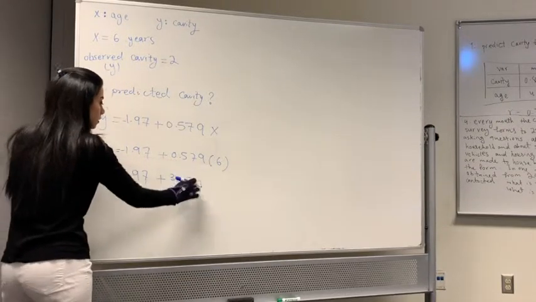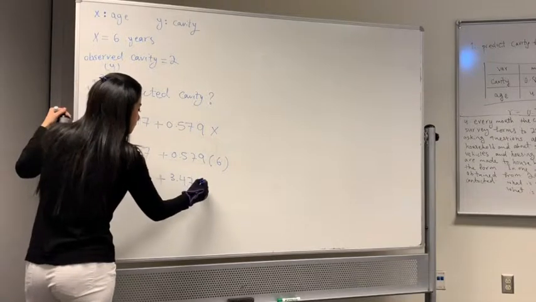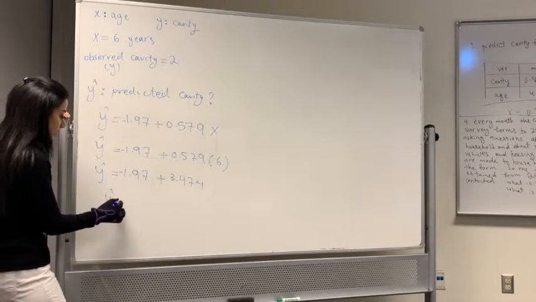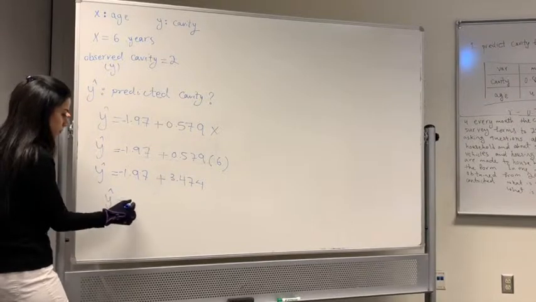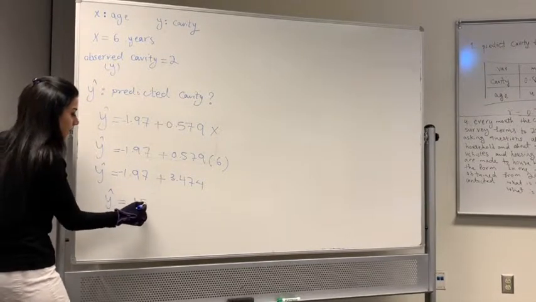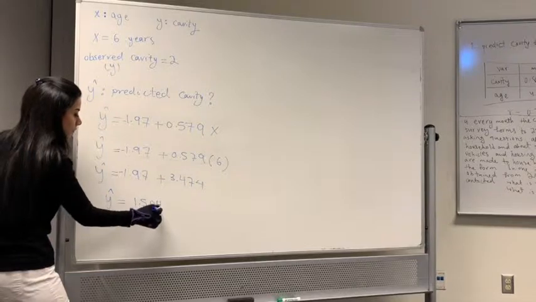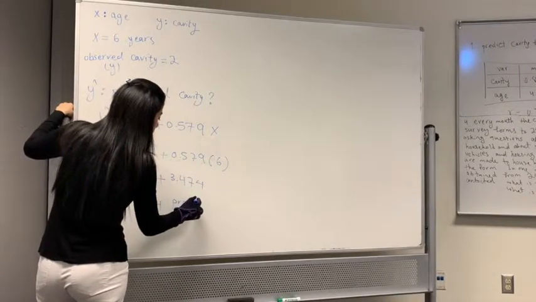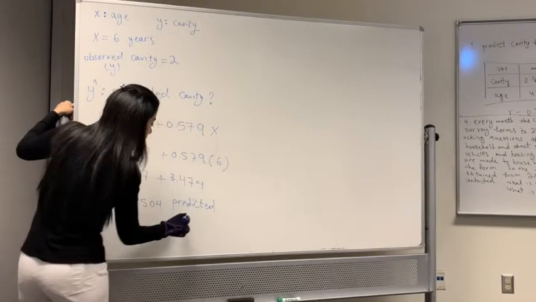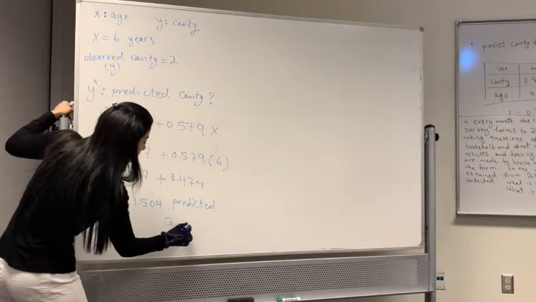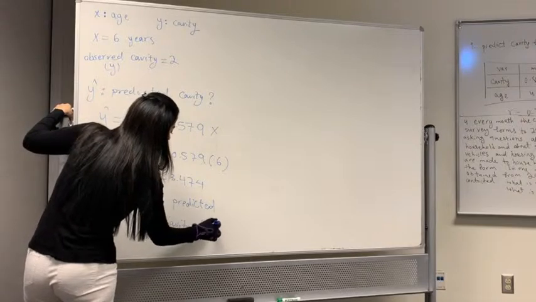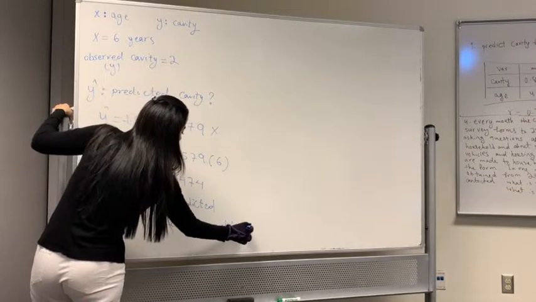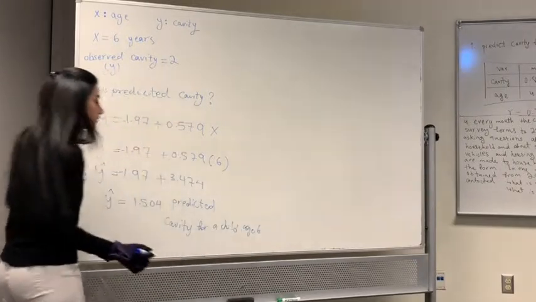3.474, and then subtract. We will have y hat equal to 1.504. This is the predicted cavity for a child age 6.